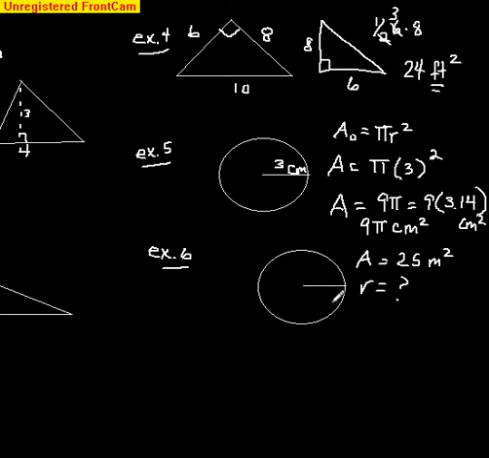Okay, this one's a little bit trickier. This one gives you the area of the circle, and you have to find out what the radius is. It's in meters. So just remember our formula is area equals pi r squared. This time we have the A, so I can put the 25 where the A is and solve it for the r squared.